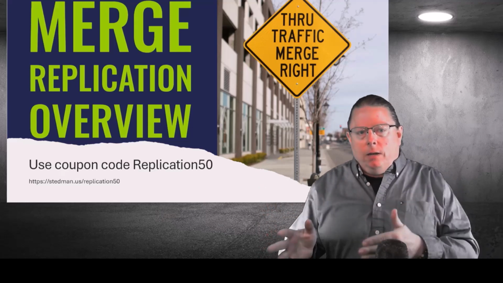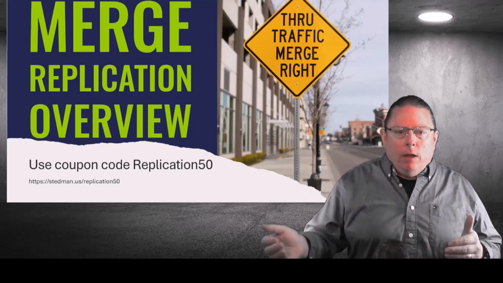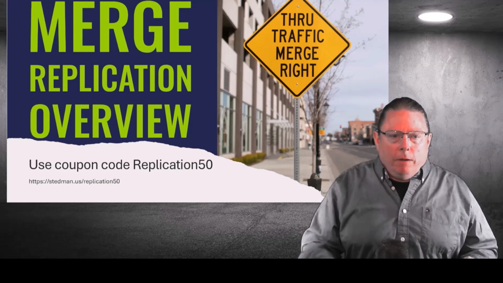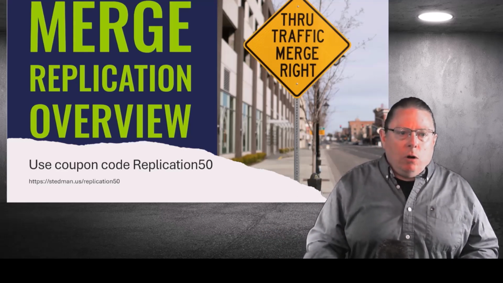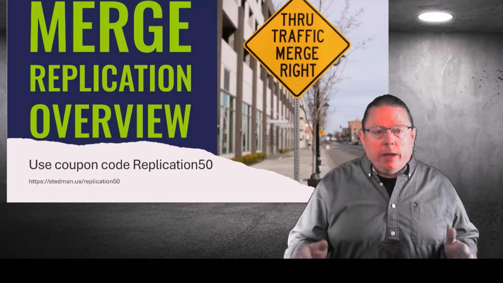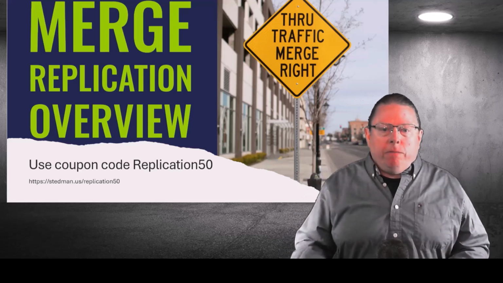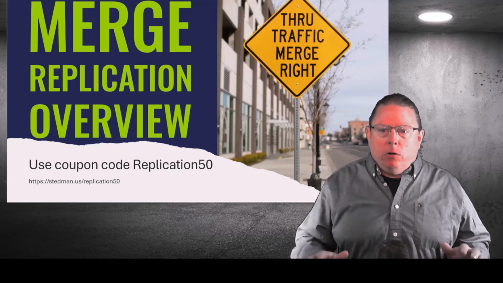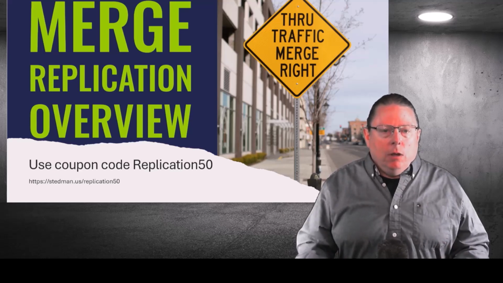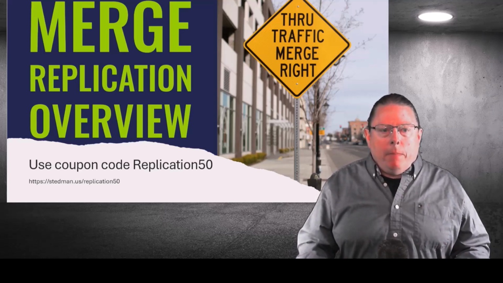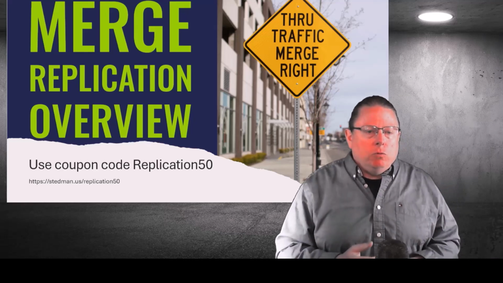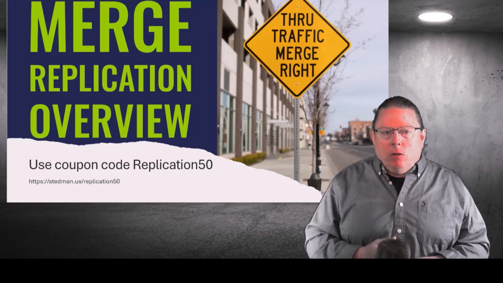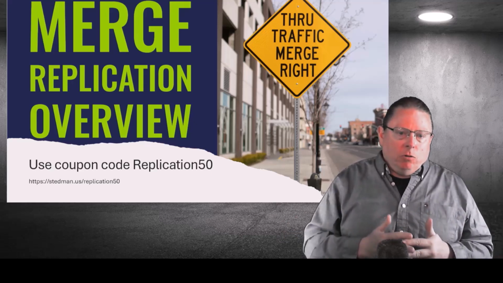And it's going to send any new rows out, any changed rows out, and bring back any changes from the subscriber. Let's say that's a convenience store and that convenience store loses their internet connection for an hour. They're still fine to work offline for an hour or 2 or even a day sometimes. And then when they come back online, it tries to sync up all of those rows that had been changed at that location, and sync it back to the central location.